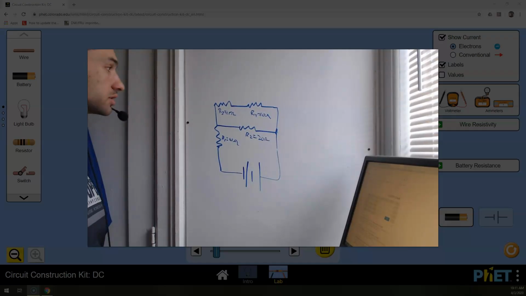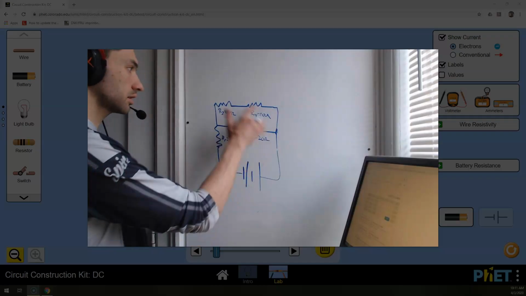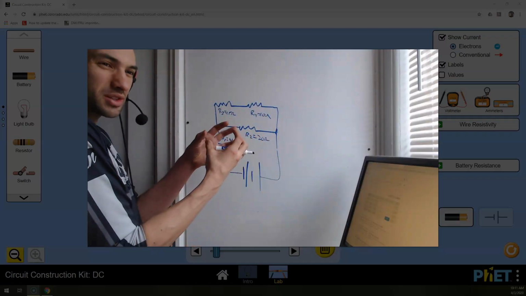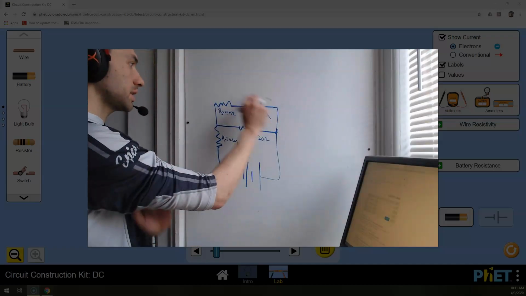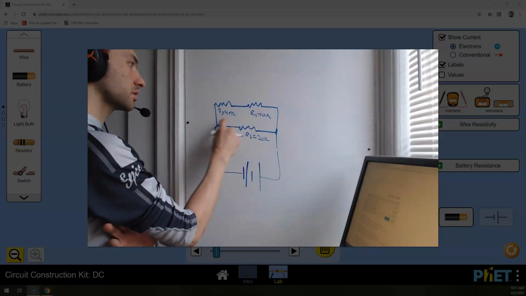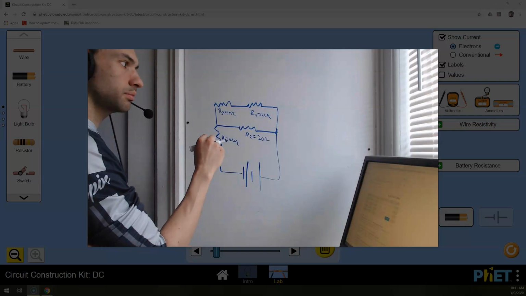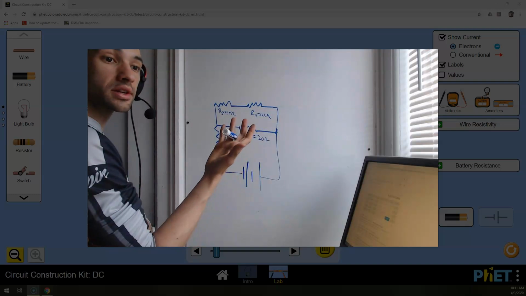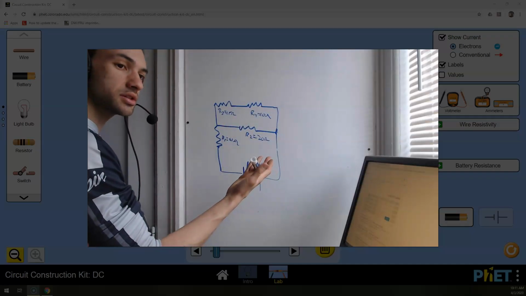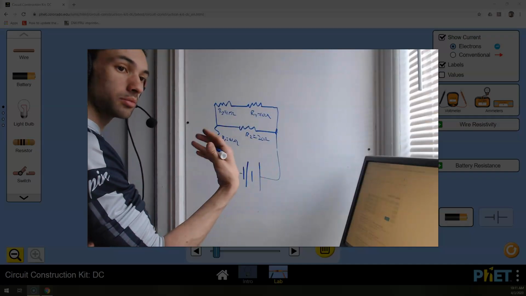So the first thing I'm going to do is start with the smallest pieces I can. The smallest piece where I need to do something is up here. This 15 ohm plus this 10 ohm are in series. We know that when we add in series, it's simply R1 plus R2.